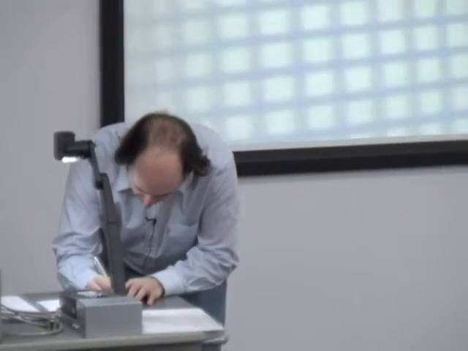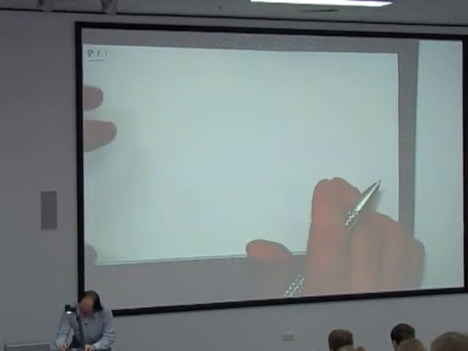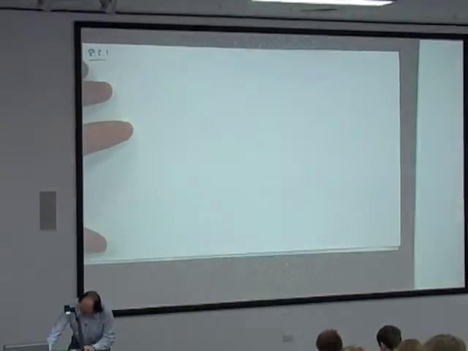Okay, so this is 8.3.1. It says a flywheel in the form of a disc 1 meter in diameter and mass 100 kilograms is accelerated from rest by a torque of 1 Newton meter. How long and how many revolutions does it take for the flywheel to reach a speed of 60 RPM?